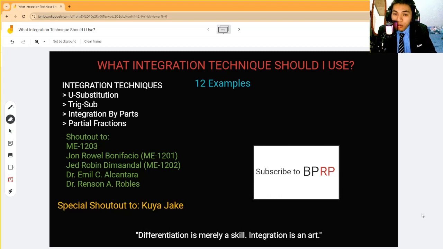We are very familiar already with the U substitution since we have been using it since the first weeks of the semester, and the other three we would be discussing are in the later weeks of integral calculus.